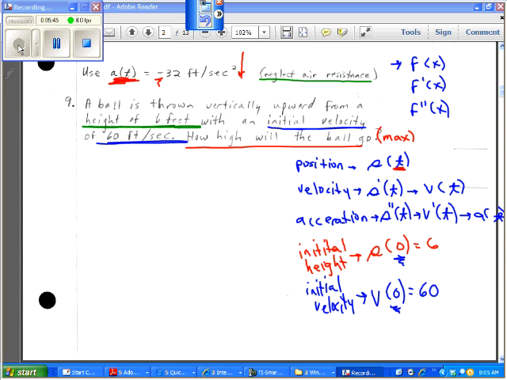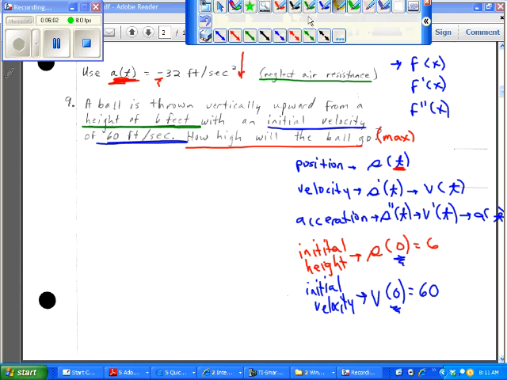So at time 0, my velocity is 60, and at time 0, my height is 6. And what they gave us to start with is the acceleration equation, negative 32 feet per second squared, which is the gravitational acceleration constant.